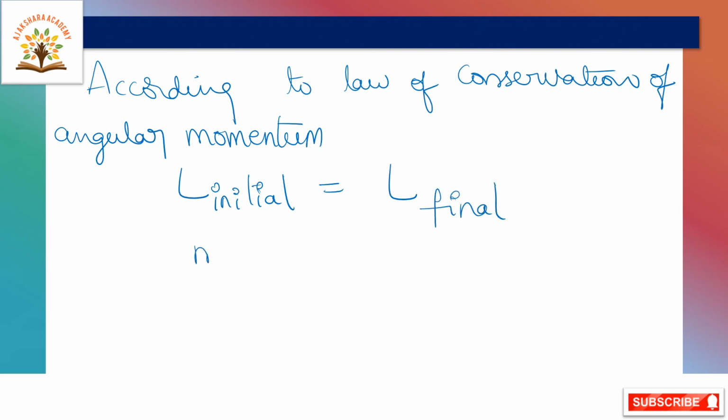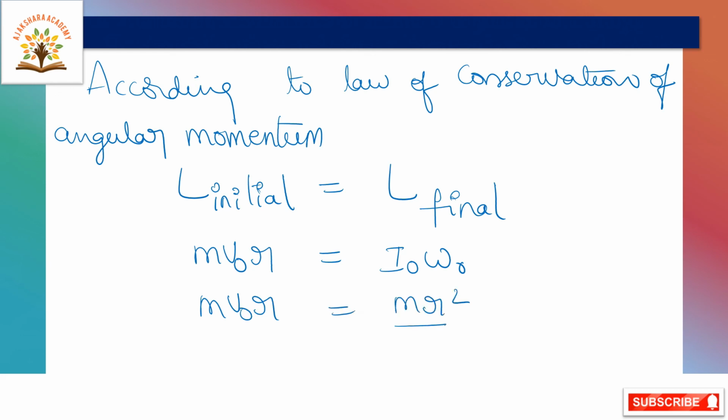So that is mv naught r is equal to I naught omega naught. So I, we are writing the moment of inertia, that is m r square by 2 omega naught. M r cancel. Now 2 v naught is equal to omega naught into r. This is the final answer. So 2 v naught is equal to omega naught into r.